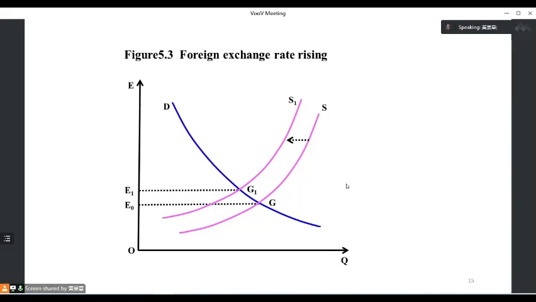So in figure 5.3, we can find a foreign exchange rate rise because of the reducing of foreign currency supply. So let's go on.